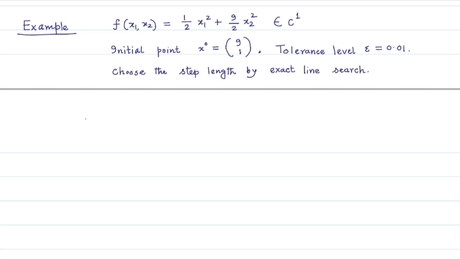Now to find the next iterative point x1, we calculate the steepest descent direction, which is given by the negative gradient of the function. Across the iterations, we will require the gradient of the function, so let me identify the gradient at a general point (x1, x2). The gradient at a general point is given by (x1, 9x2).